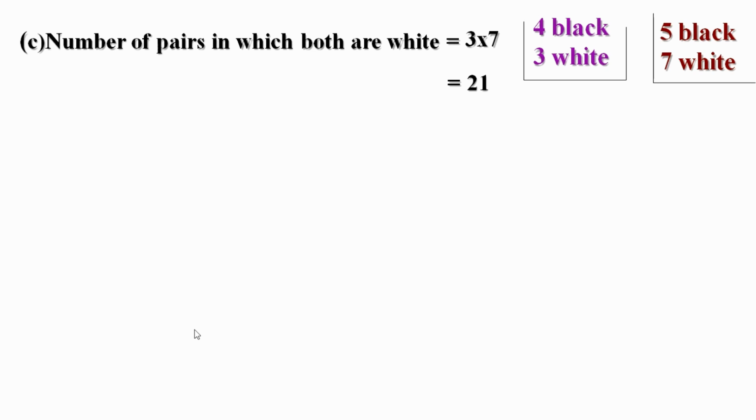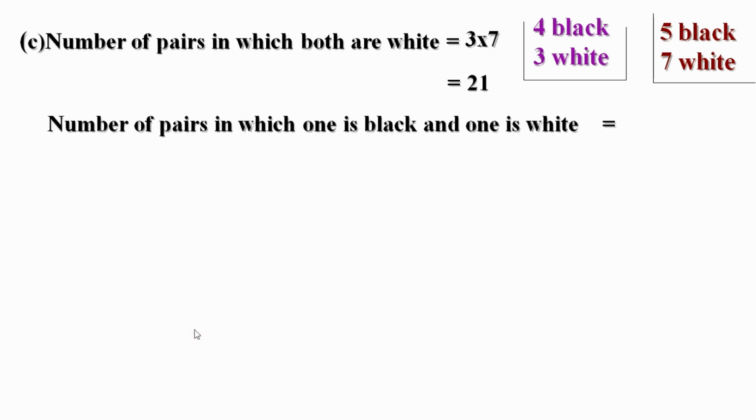So in order to find the number of pairs in which one is black and one is white, it is enough to subtract the number of pairs in which both are black and the number of pairs in which both are white from the total number of pairs. That is, from the total 84, we have to subtract 20, which is the number of pairs in which both are black, and 21, which is the number of pairs in which both are white.